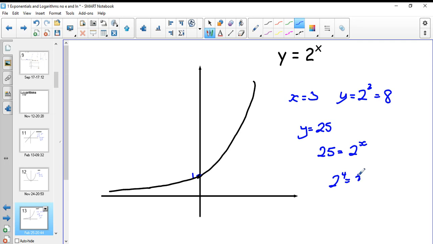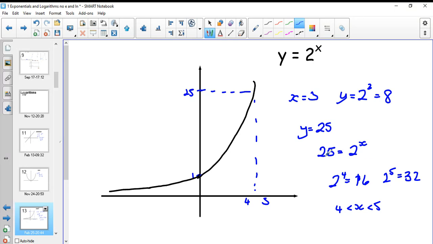So we know x must be somewhere between 4 and 5. If I just draw 25, there is some x value between 4 and 5 that gives a y value of 25. We just don't know what it is yet, but we can work it out by using logarithms.